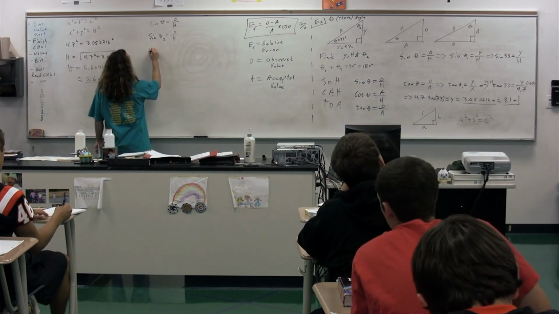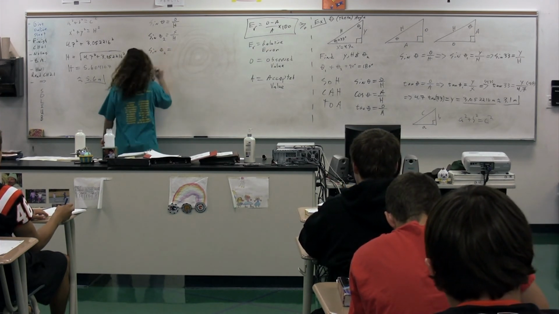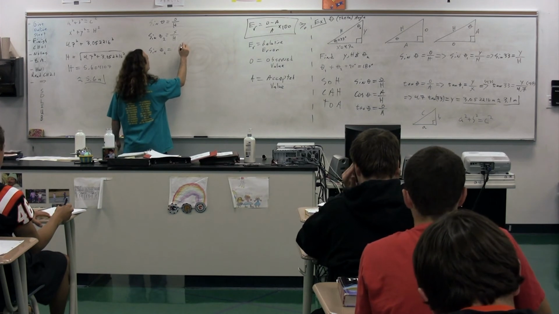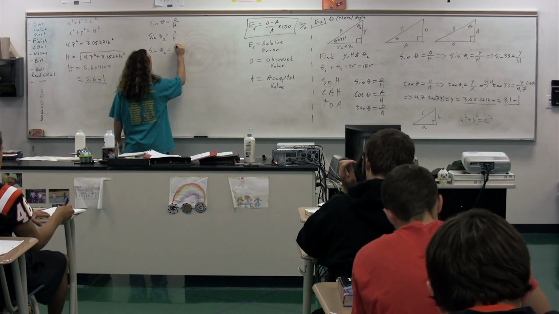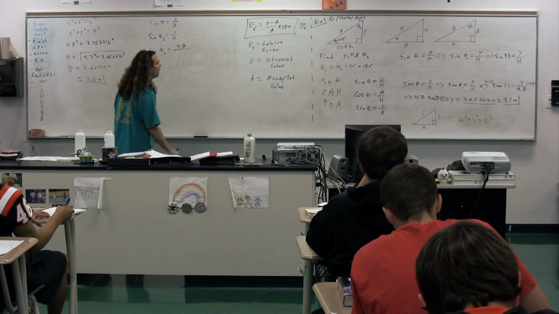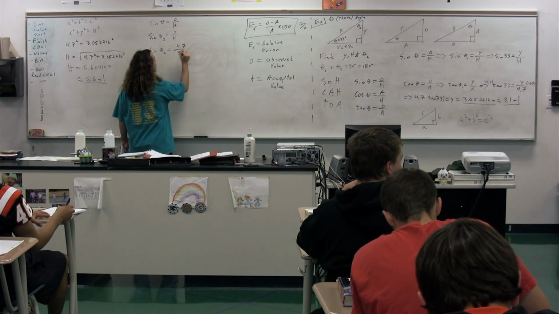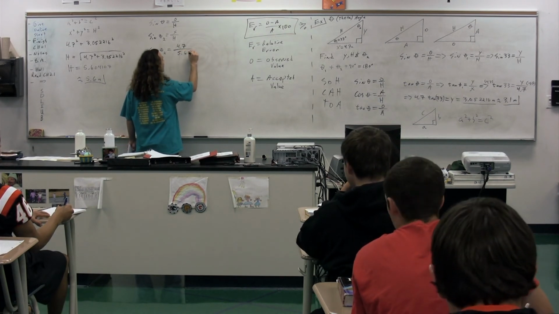You'd have sine theta 2 equals 4.7 over 5.604107.